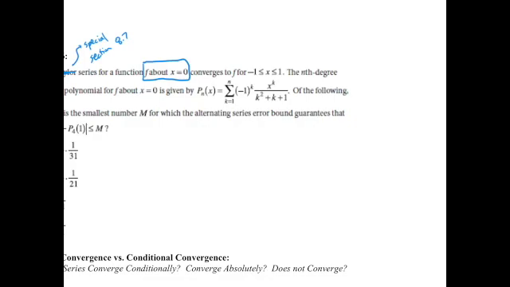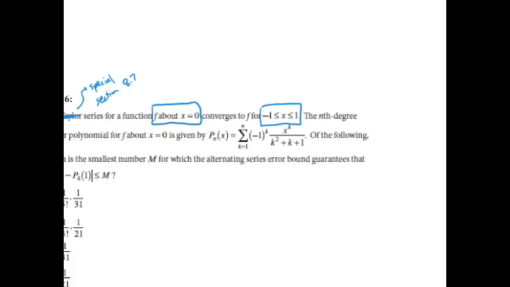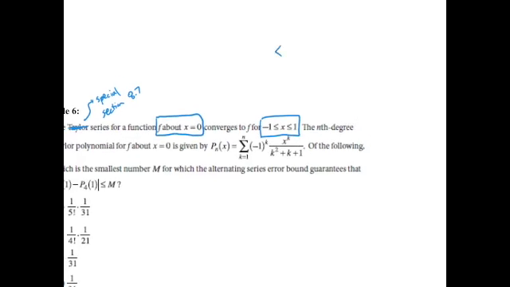So this series is a series for the function f about x equals 0, and it converges for all values in between -1 and 1. So here's what's happening. If you were to take a look at a number line in this problem, and we were to center ourselves at 0. When it says about x equals 0, that's another way of saying that you're centered at x equals 0.